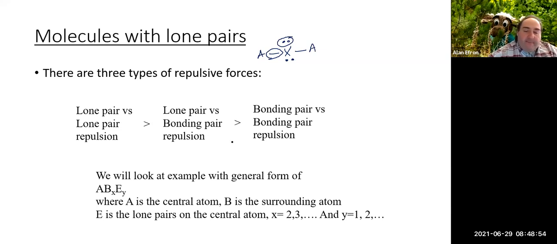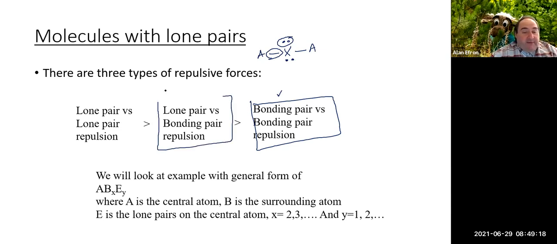You could have bonding electrons near bonding electrons, which is what we've been talking about in the last several examples, basically lines near lines. And that's pretty okay. They're going to try to spread out as best as they can. The next worst thing in terms of repulsiveness is when you get non-bonding electrons near bonding electrons. So these are dots near lines, not so good.